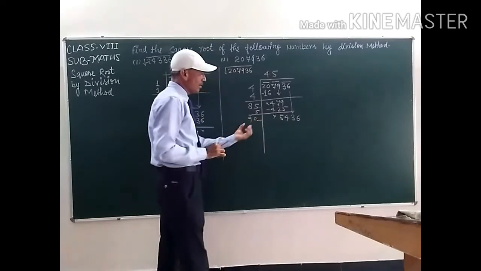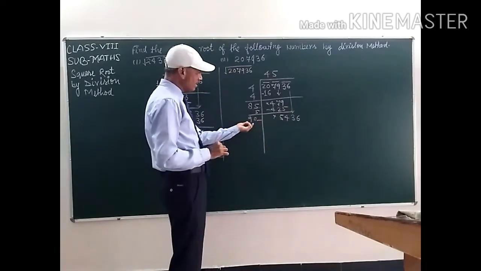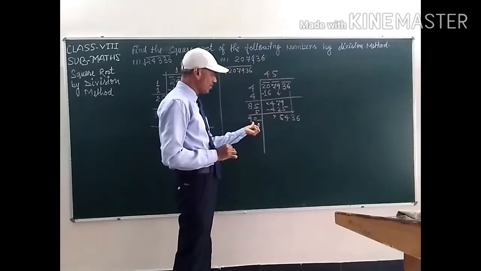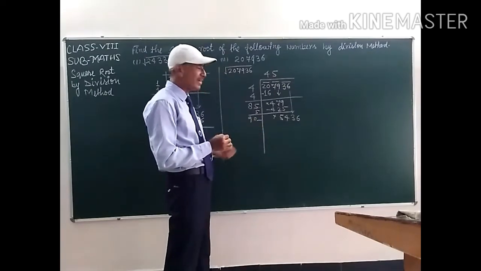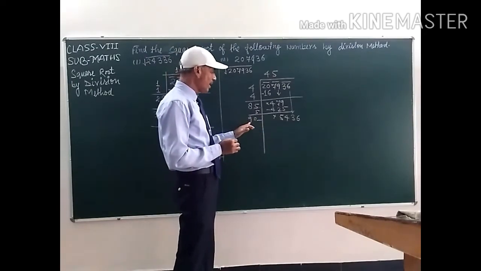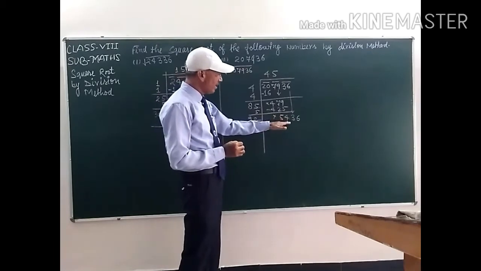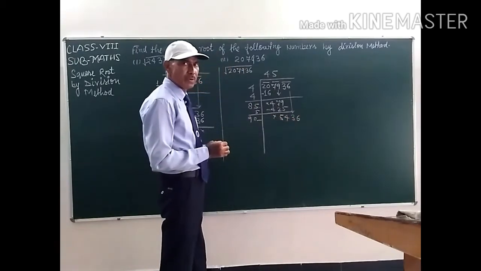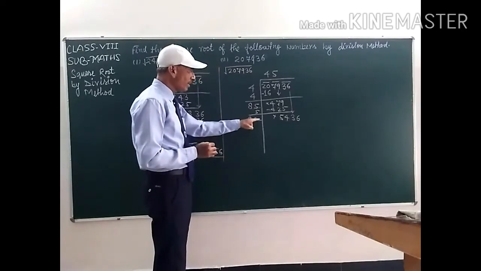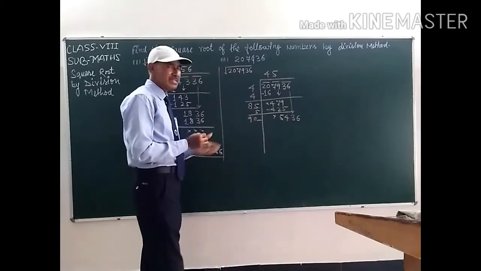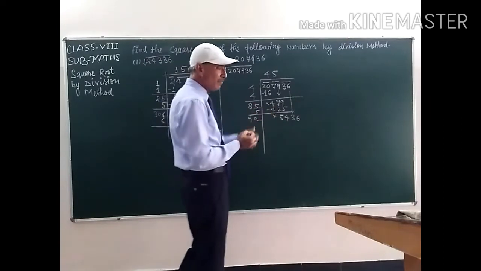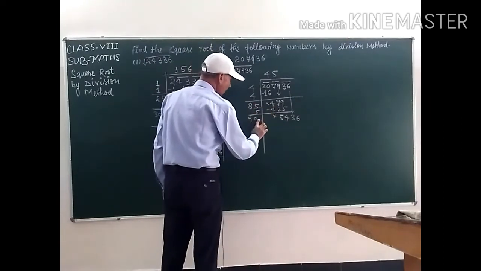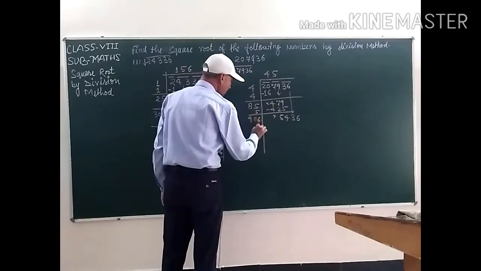Make a blank and write to it. It means the value of this number is 900 to 999. So 9, and here the number is 54.